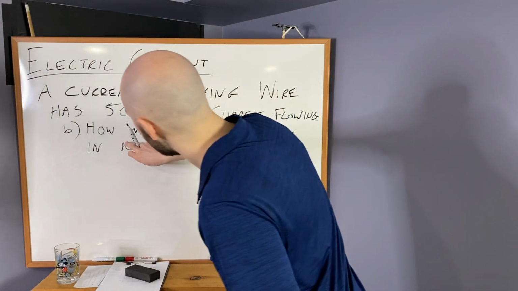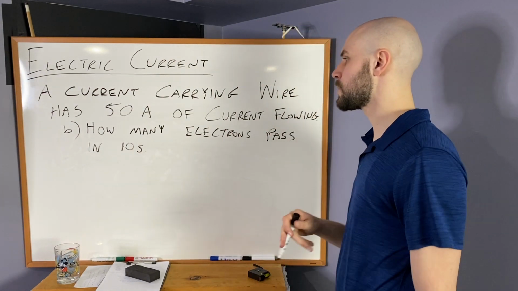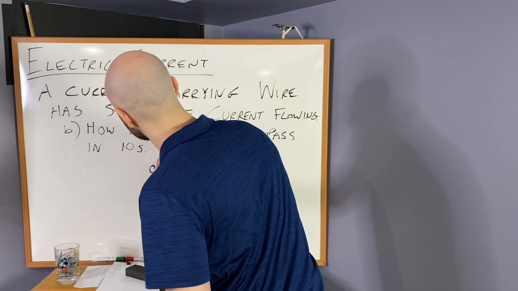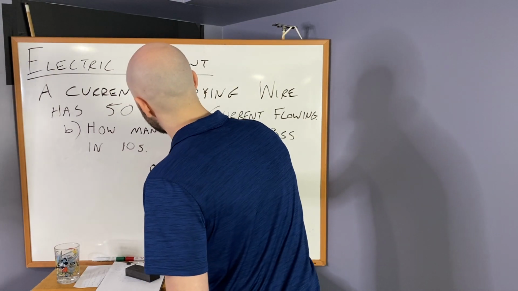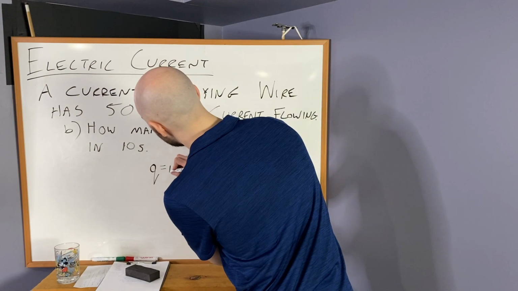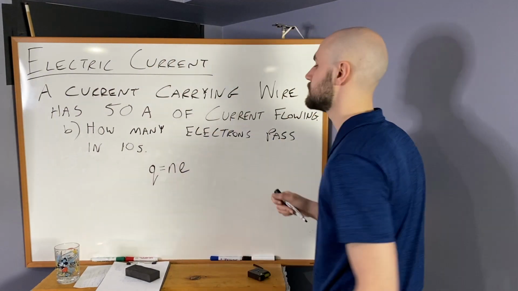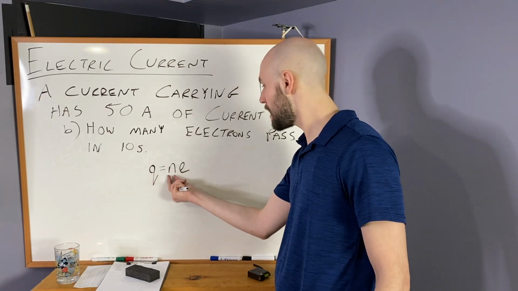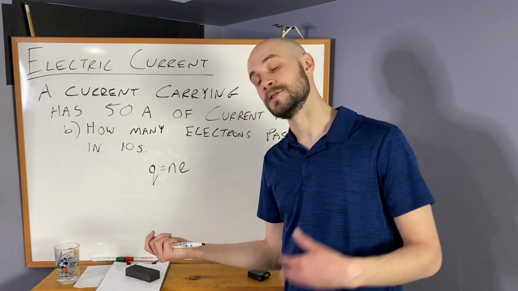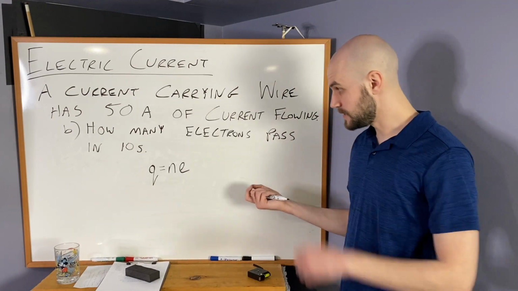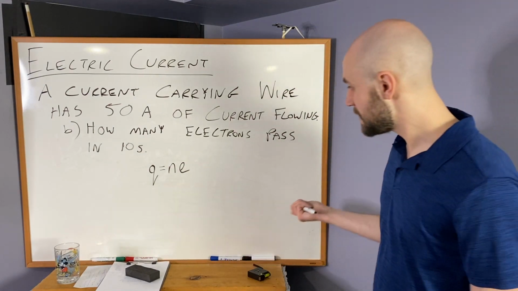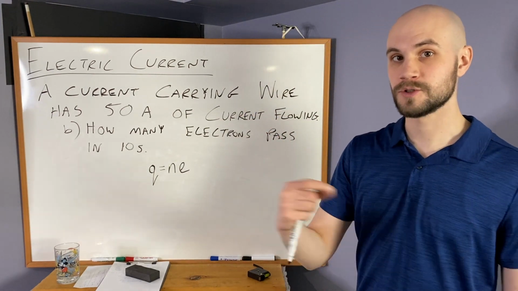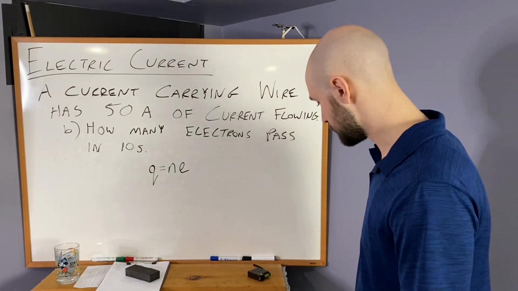Okay, so thinking back to our electrostatics unit, we could figure out the total charge. We know that the total charge is 500 coulombs in this case. That total amount of charge is some multiple of elementary charges. Total charge Q is equal to some number of elementary charges. This is one way to figure it out. Another way is to use page 1 of the reference table and just do dimensional analysis. Convert from 500 coulombs to a number of elementary charges.